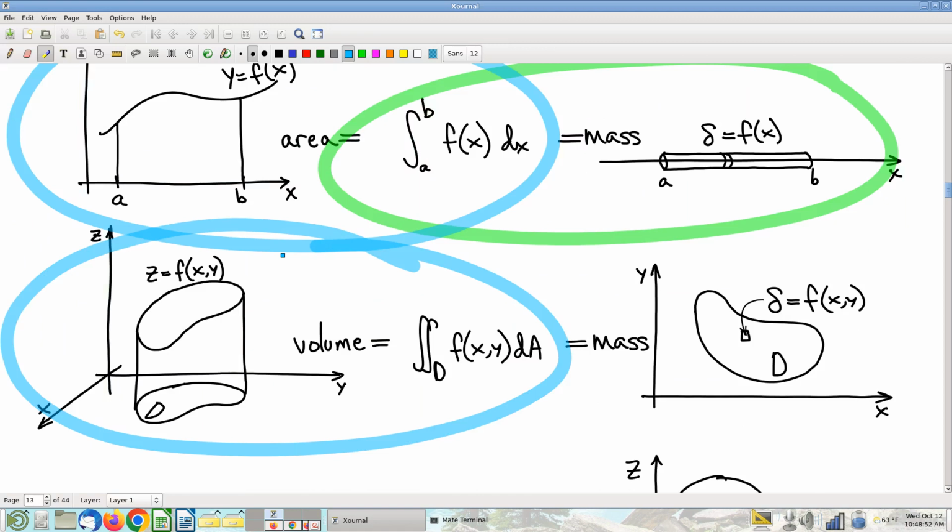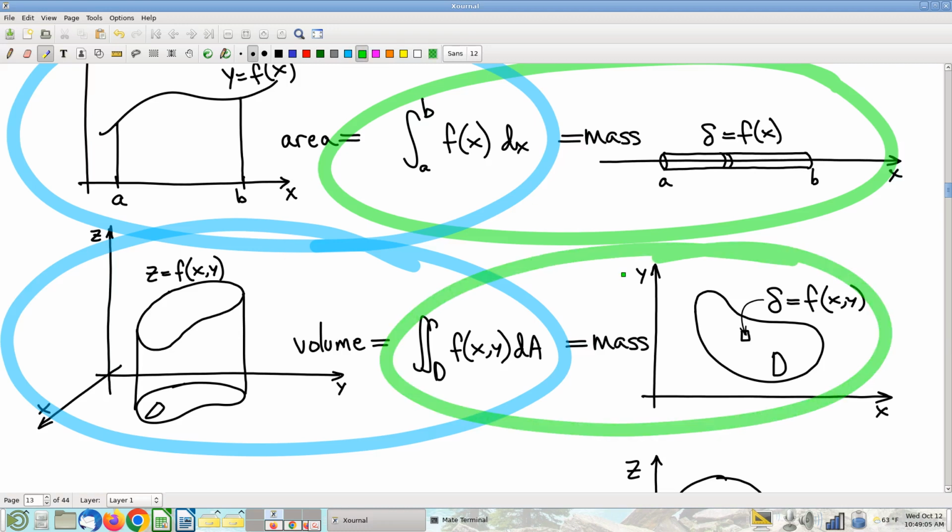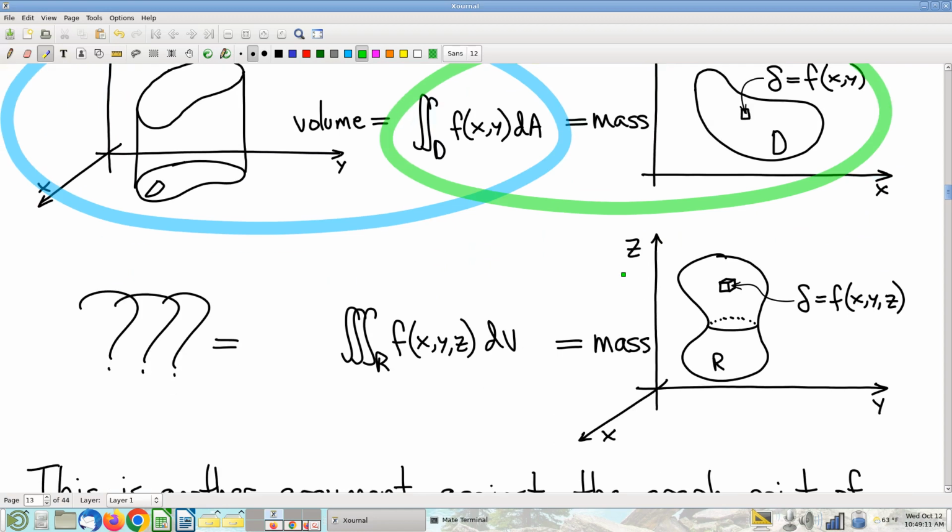Again, I can see the integrand. This F here, its height. The picture's a little harder to draw, but still, it's visually satisfying. And of course, you could also use it to compute mass distributed over a two-dimensional region. And here's the problem. For triple integrals, notice the pattern.